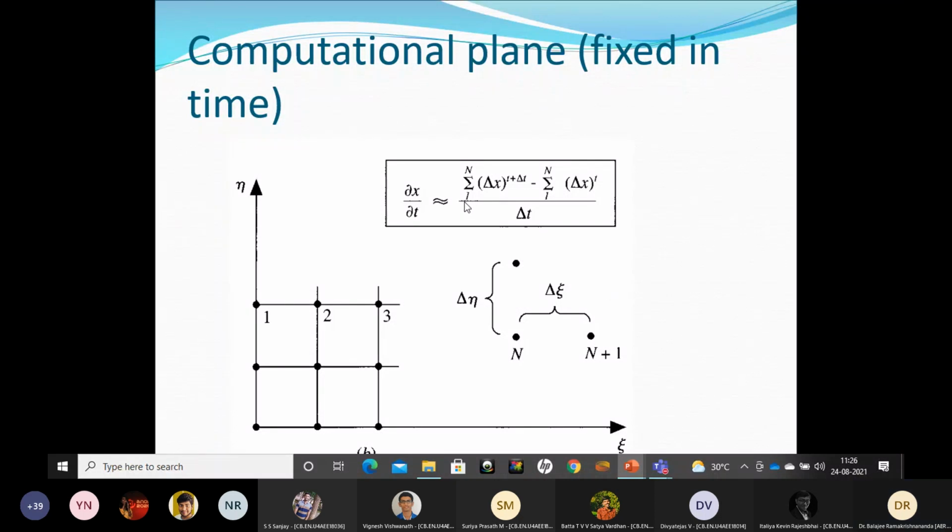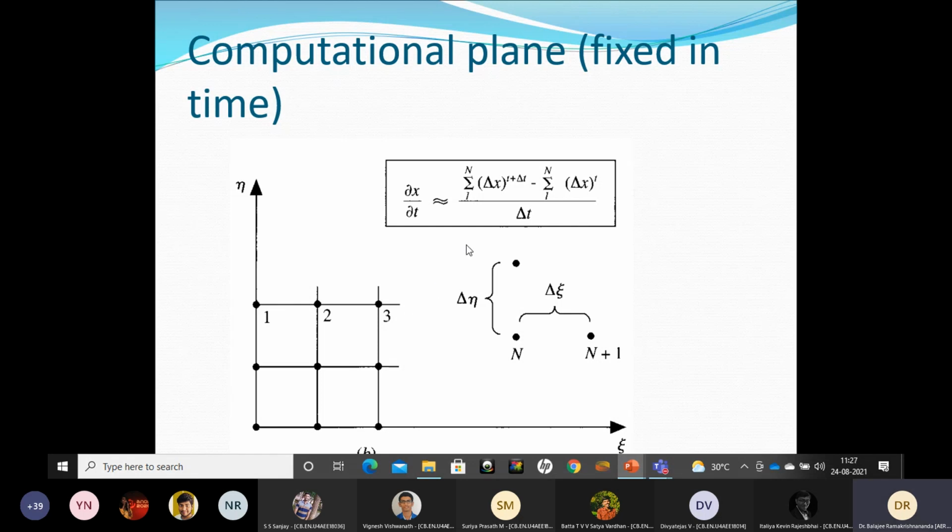Then sigma i equal to 1 to n of delta x whole power t plus delta t minus sigma 1 to n of delta x whole power t, by delta t. You see here 1, 2, 3 are given here. They are moving horizontally where delta x is increasing.